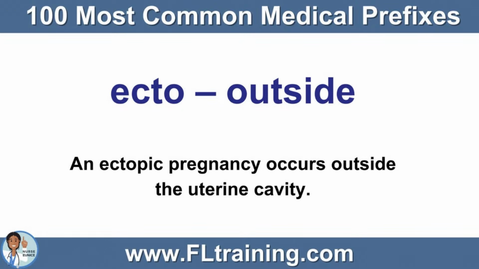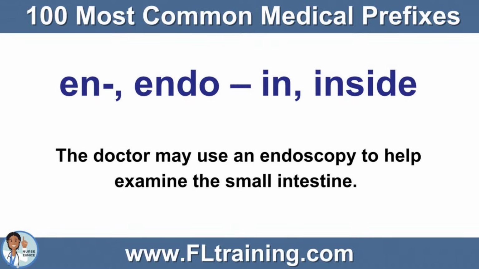Ecto means outside. So an ectopic pregnancy occurs outside of the uterine cavity. Ectopic. En or endo means in or inside. A doctor may use an endoscopy. So the scopy means like a scope.